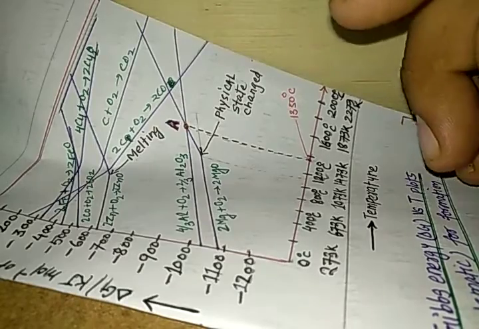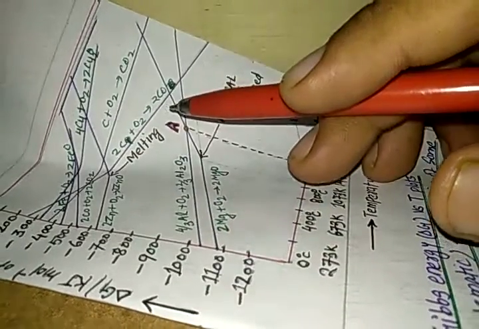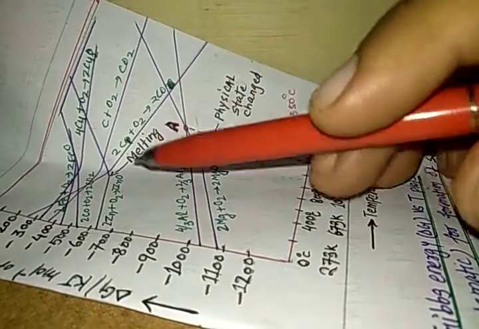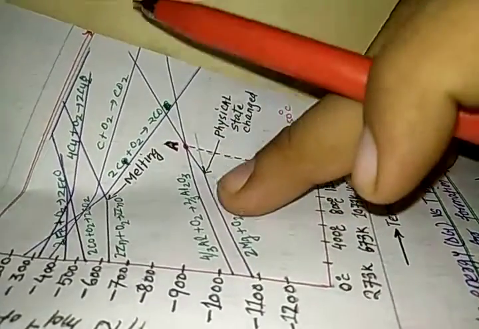So we have two types of graph, positive slope graph and negative slope graph. Negative slope graphs represent more spontaneous reactions, and those with positive slope represent non-spontaneous reactions.